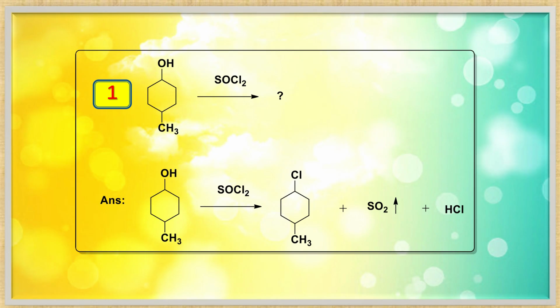When you use SOCl2, the OH group is replaced and Cl comes in. See the answer, OH group replaced and Cl comes in, along with this you are getting SO2 and HCl. That means this problem comes from Darzens method by using thionyl chloride, replacement of OH group and introduction of Cl to get the product, and the product is there on the screen.